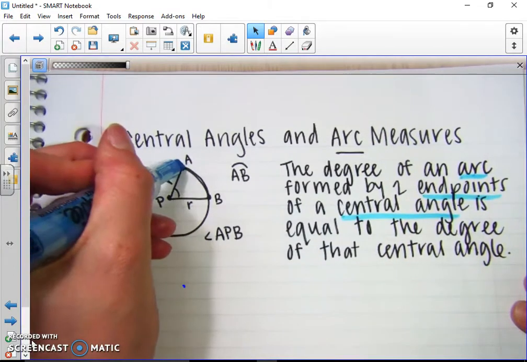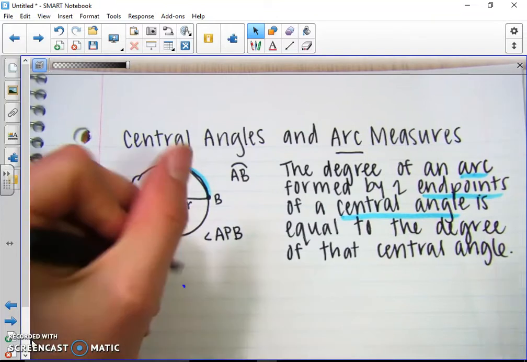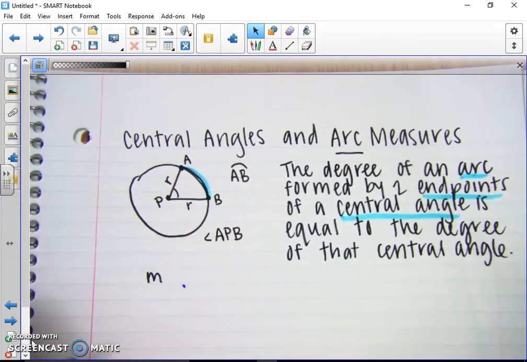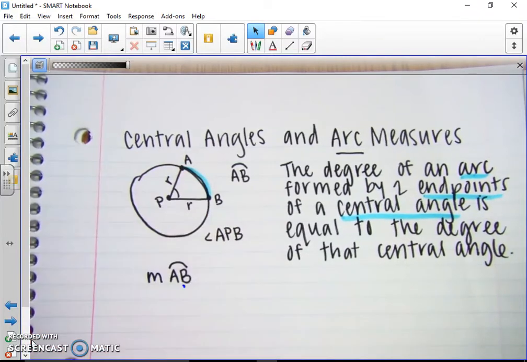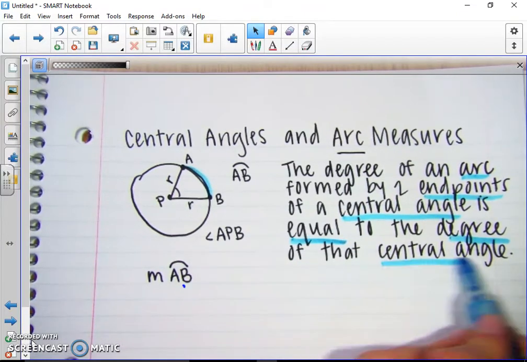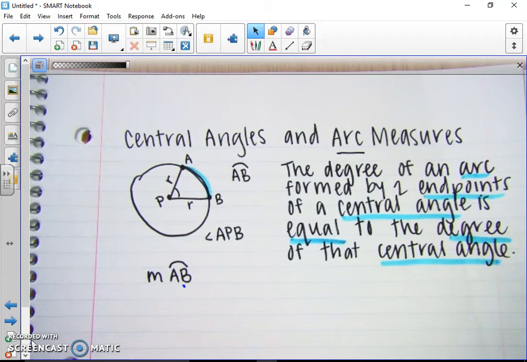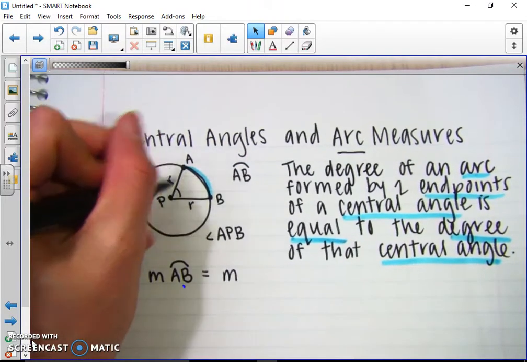So this arc right here, AB, let's say we're looking for the degree of that. We would say the measure of arc AB, that's how we would write that, is equal to the degree of that central angle, so it's equal to the measure of this actual angle.